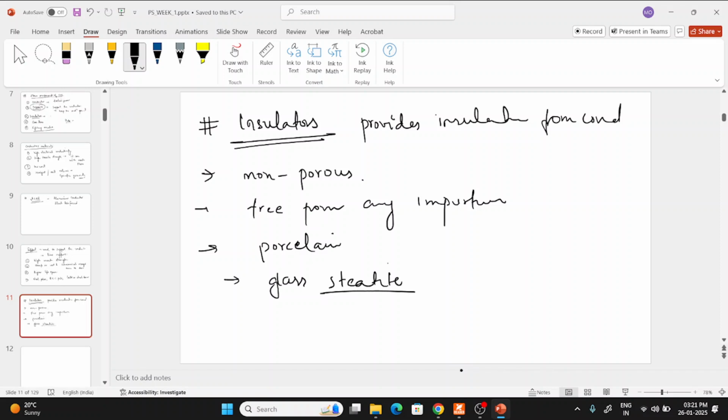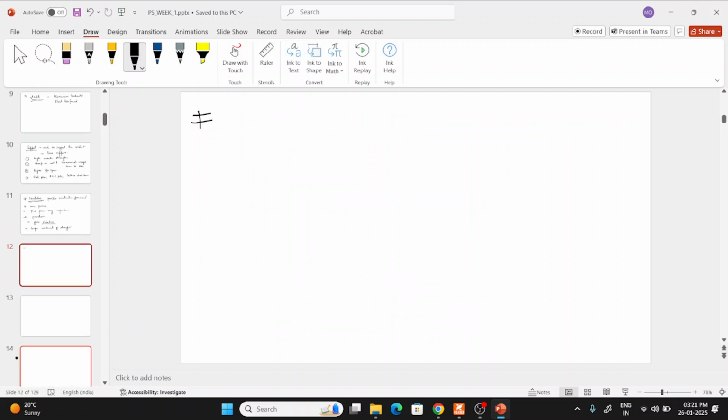Another feature is that they should have high mechanical strength also, because they have to bear the conductor. Now, there are various types of insulators. The first one is the pin type insulator.